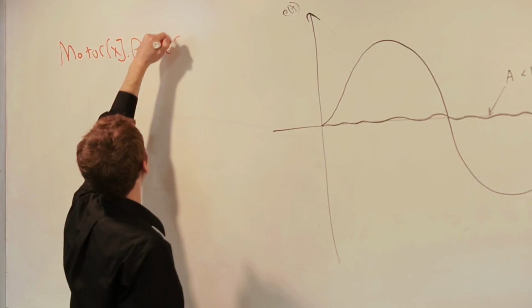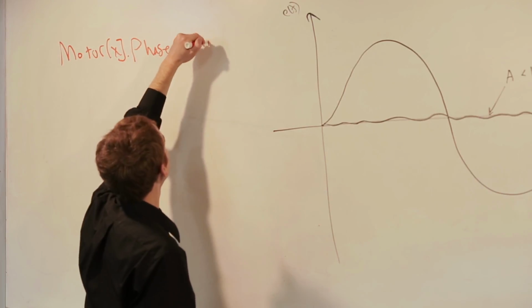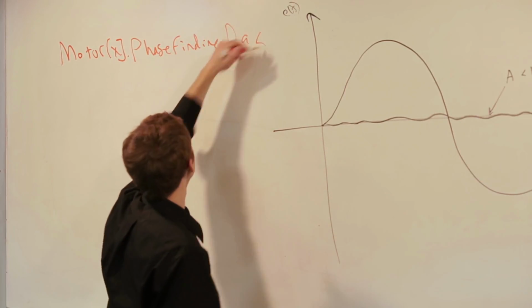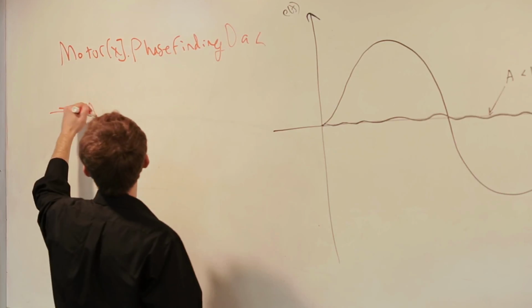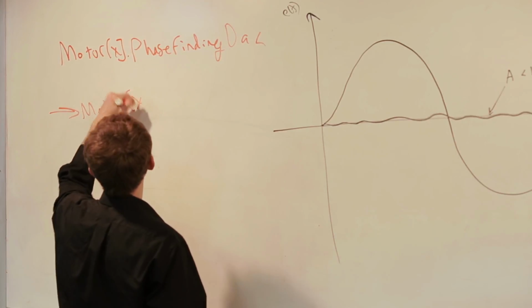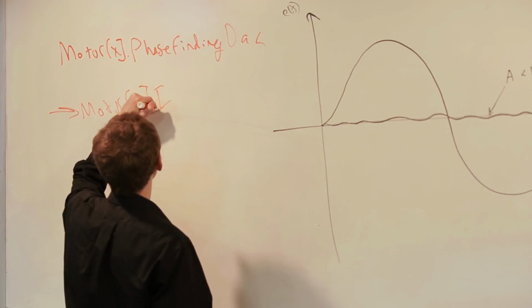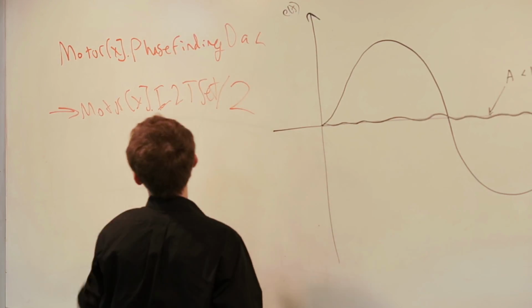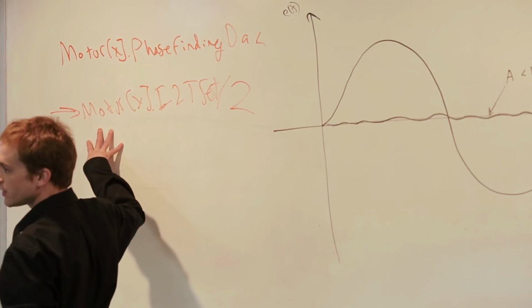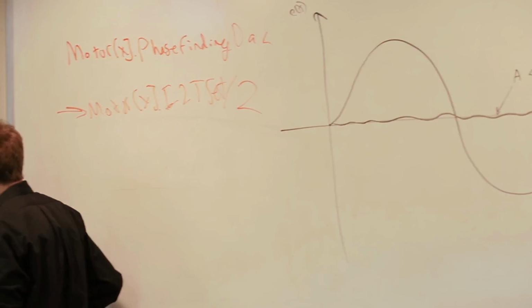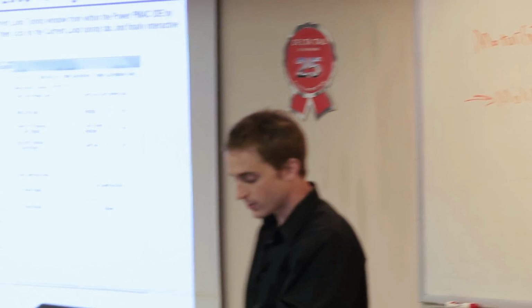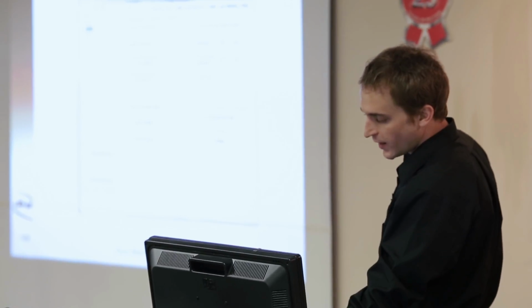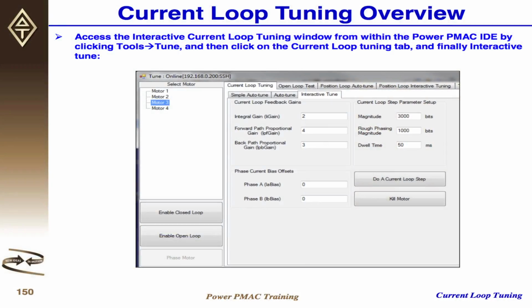And that's usually something like motor x.I2t set over 2. It's generally equivalent to that value. So those are some safe reference magnitudes for you. And then you click on Do a Current Loop Step right here.